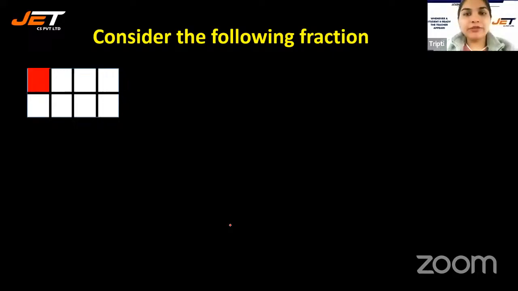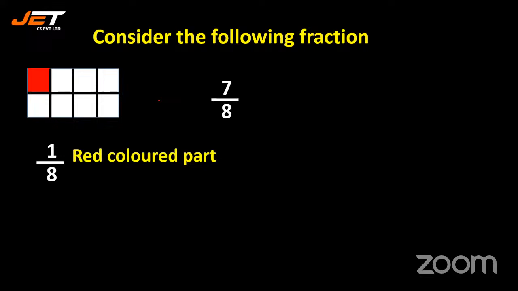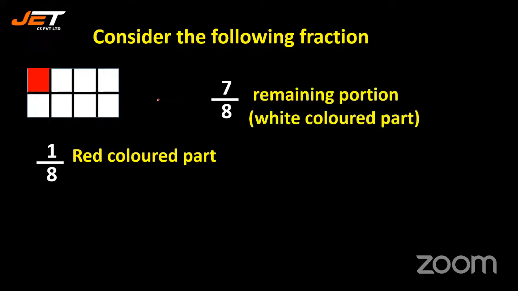So if I talk about the total parts, the total number of parts are 1, 2, 3, 4, 5, 6, 7, 8. 8 parts. So 1 by 8 is the fraction of the colored parts, red colored part. Now 7 by 8, what is the fraction of non-colored parts, the parts which are not colored? That is 7 over 8, 7 by 8. Remaining portion, the white color parts.